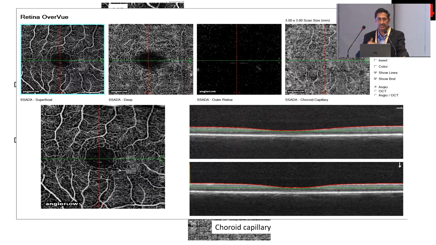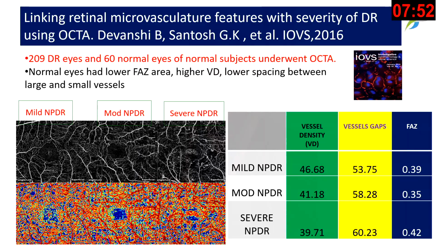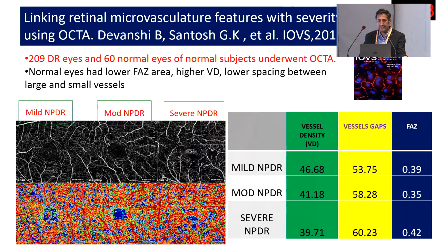So you can move the segmentation. You are sure what image you are assessing. This is one article that we published in 2016. You should remember that before the patient develops any DR changes on fundoscopy, the OCTA will pick up changes. The normal eyes had lower FAZ area, higher vessel density, and lower spacing between the large and small vessels.